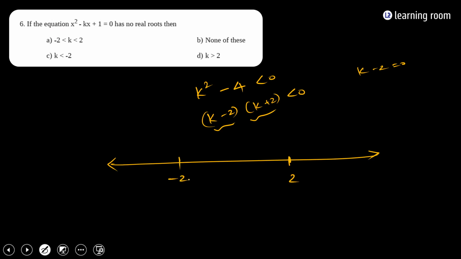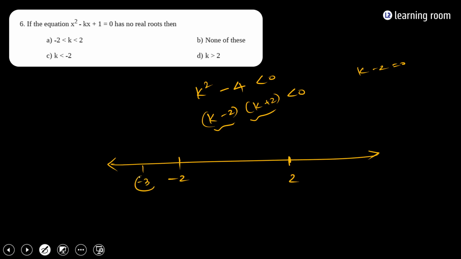This means I need to check what is happening to the value of k on the left of minus 2, between minus 2 and 2, and 2 to infinity. Are you able to understand what I'm saying? So I found 2 checkpoints. I need to find what will happen when something less than this or something greater than this happens. Tell me a number which is less than minus 2.